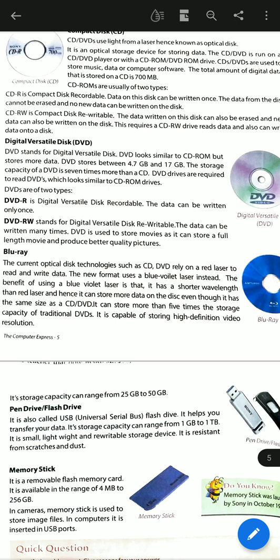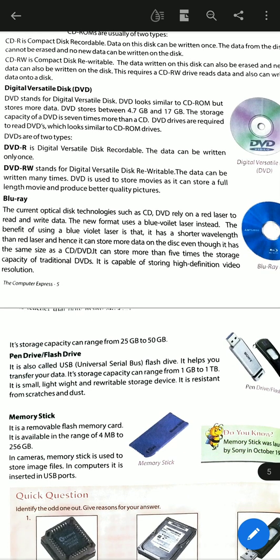It has large capacity to store data, so you can store full length movies in these discs, and it will produce better quality pictures.